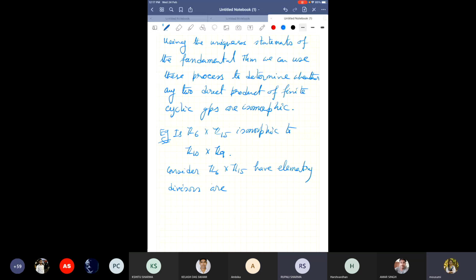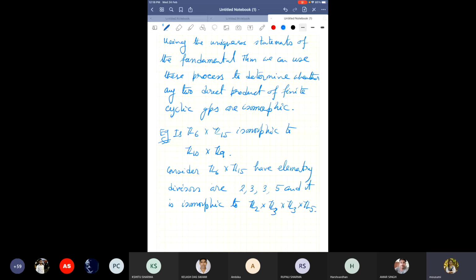Yes, so the elementary divisors are 2, 3, 3 and 5, right? And it is isomorphic to Z2 cross Z3 cross Z3 cross Z5, right?